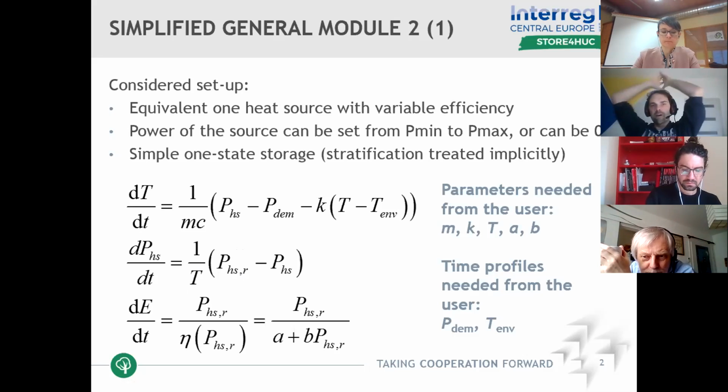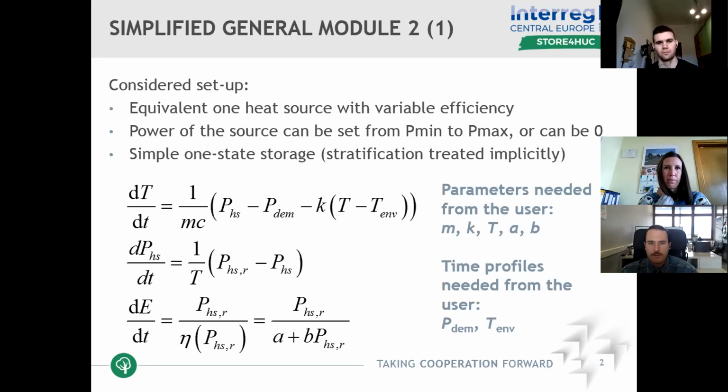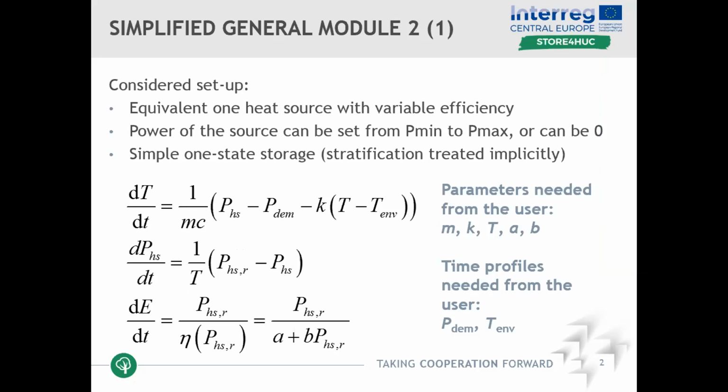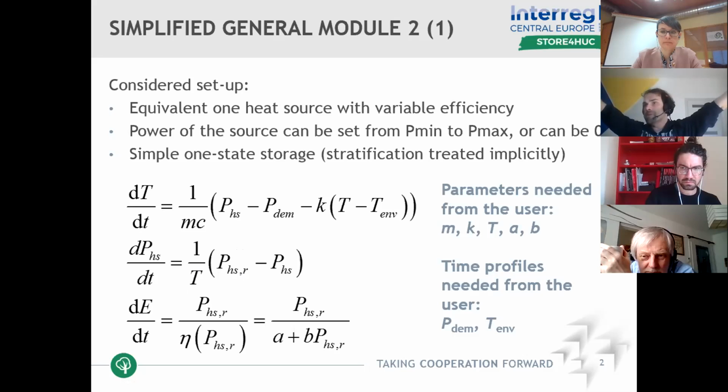This is something the user would provide to the system, or the automation available on the site gives this information. As I said, most usually it's provided ad hoc by certain timers which engage our heating system at a certain time, usually early in the morning, to be able to provide the necessary heat to the storage, such that when the users actually need the heat, it is there for them in the storage already.